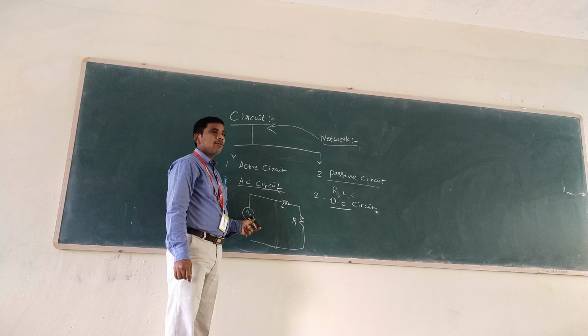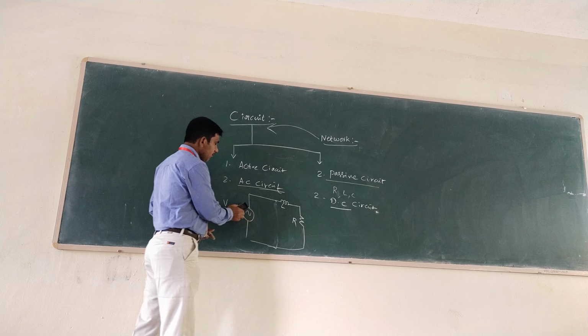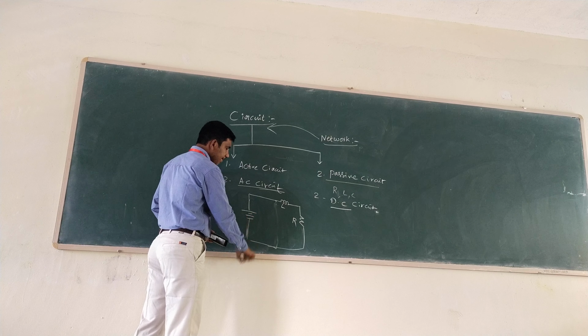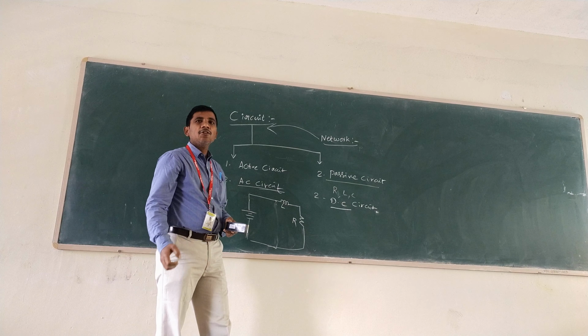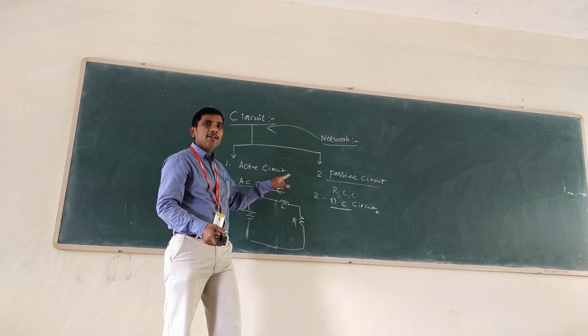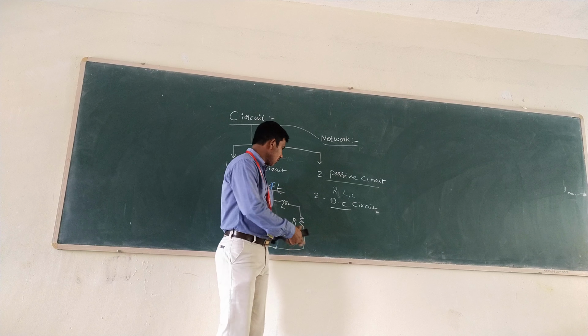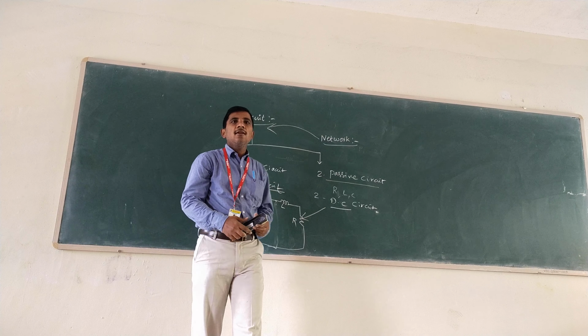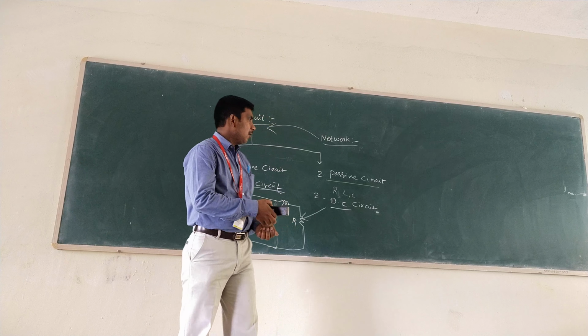Then it is an AC circuit. If you replace this with a battery, a DC voltage source, then it is a DC circuit. The circuit which consists of AC voltage source is called an AC circuit. The circuit which consists of DC voltage source is called a DC circuit. Is it right? These are the various circuits.